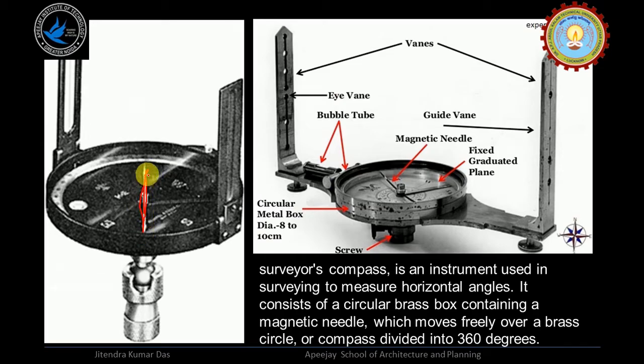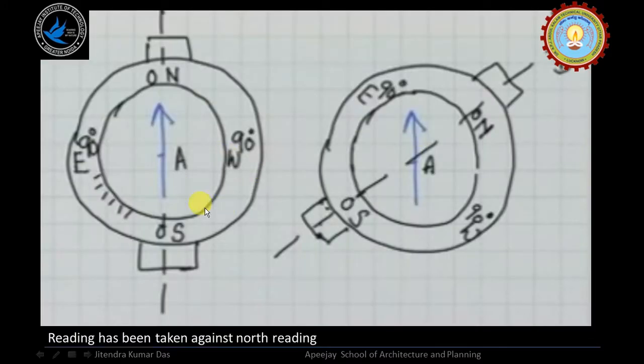Here you can also see the magnetic needle is free to rotate, but the casing and the metal box are attached. When you rotate the metal box, the readings will also rotate. So here you can say that the metal box and readings are attached, but carefully see what type of readings we generally establish.